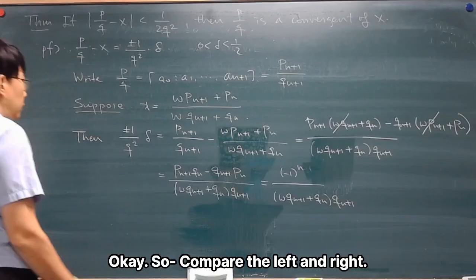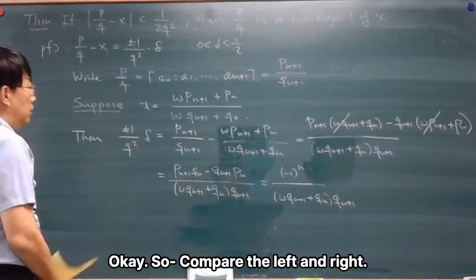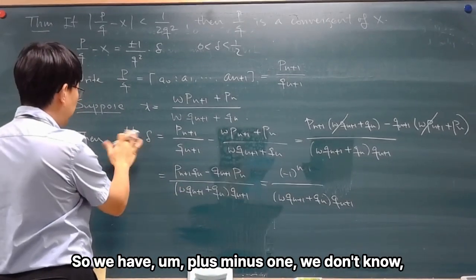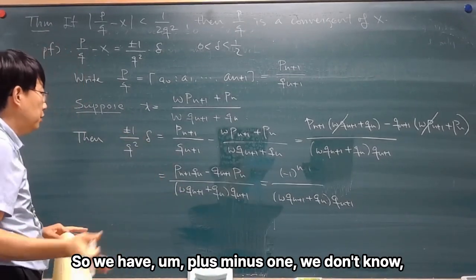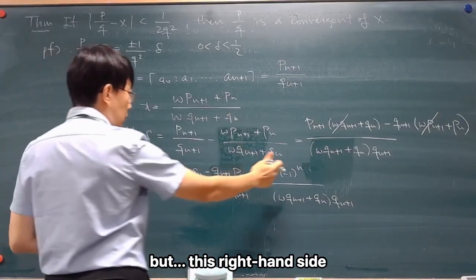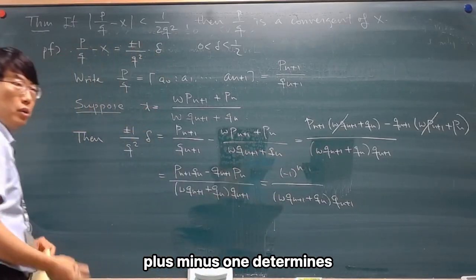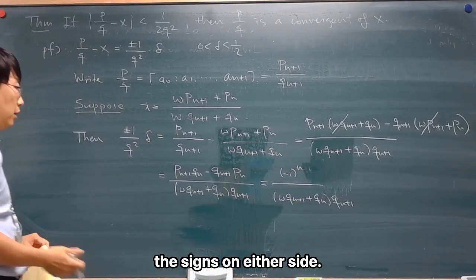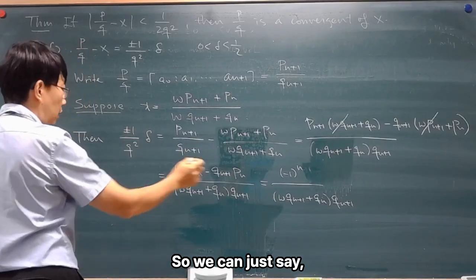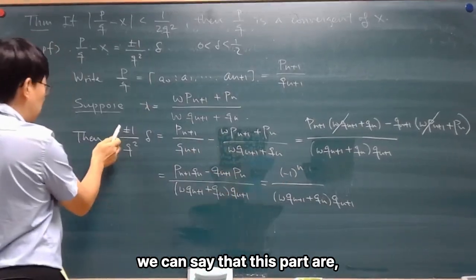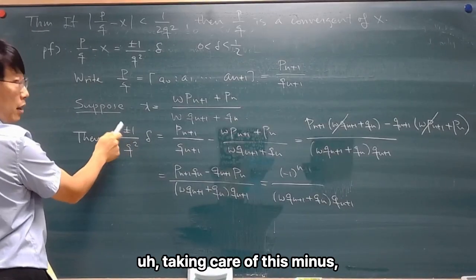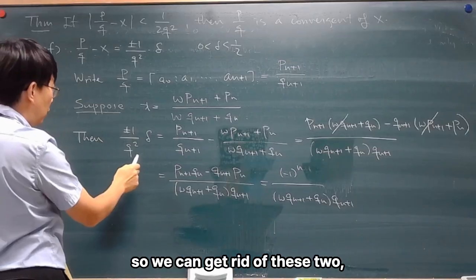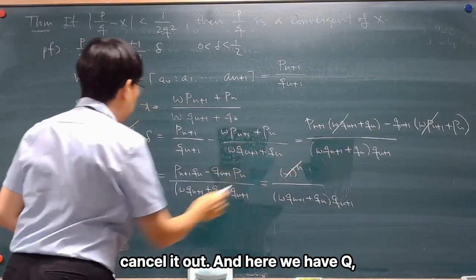Okay, so compare the left and right. So we have plus and minus 1. We don't know, but this right-hand side, plus or minus 1, determines the signs on either side. So we can say that this part takes care of this plus or minus 1 here. So we can get rid of these two, canceled out.